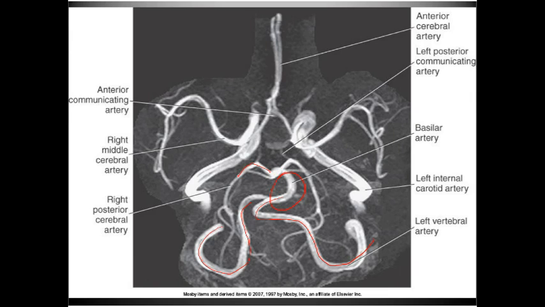Then we have posterior cerebral arteries. We have both left and right internal carotids coming and forming the middle cerebral arteries, and then continuing on and forming the anterior cerebral artery.